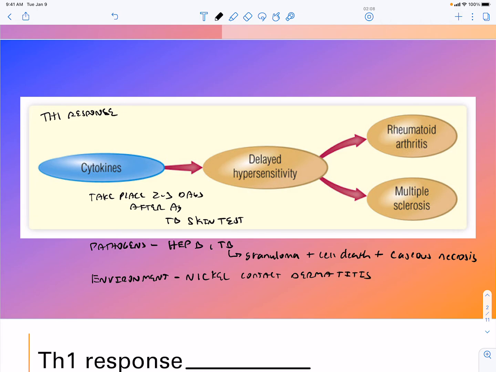Or we can have something like haptens, such as cosmetics or poison ivy. And they are typically low molecular weight. They don't cause an immune response themselves, but when they bind to a host antigen, they make them both look different, and then you have a response.